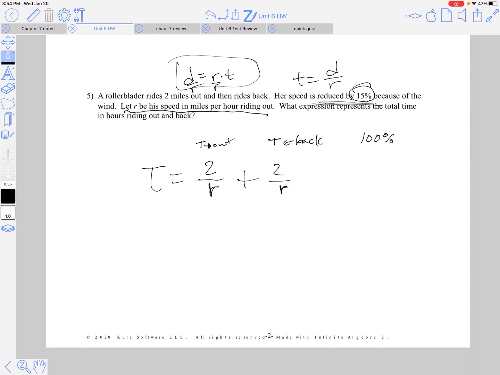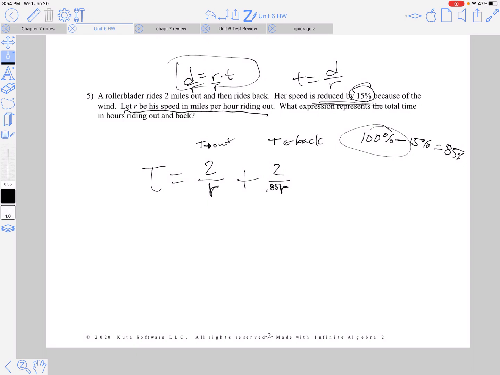It's saying that this rate right here is reduced, so we have to put it in comparison to that. So going out, we had 100% of our speed, but we reduce it by 15%, you're going to get 85%, which is 0.85. Okay, so riding back, we only get 85% of that original speed because the wind's pushing on us. So this is the setup, right?